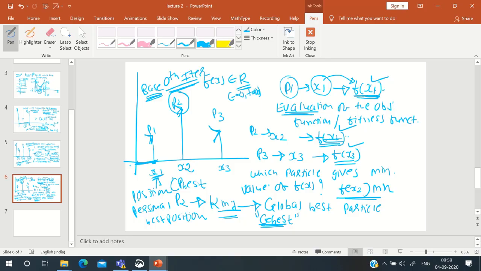Please remember, position means x value, and p best i means, for each particle number, p1, p2, p3, p4, etc. So tell me, what is the personal best position value for the second particle? It is p best 2, right? And in this case, it is equal to x2.